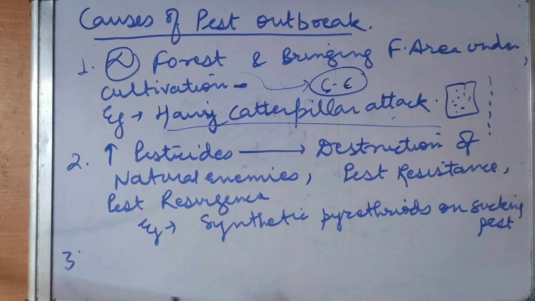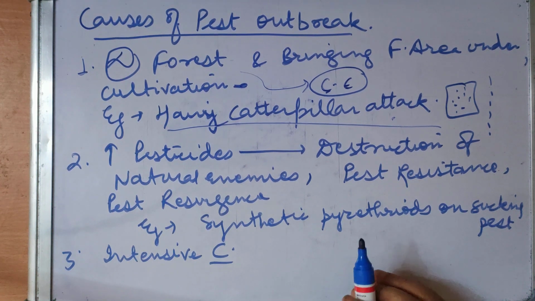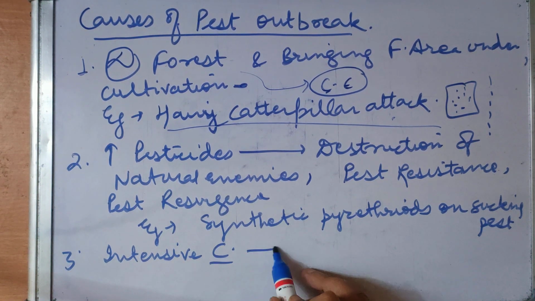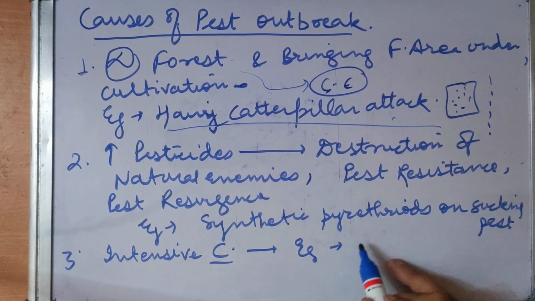Third one is intensive cultivation. Intensive cultivation example, here we can see diamondback moth on cauliflower.